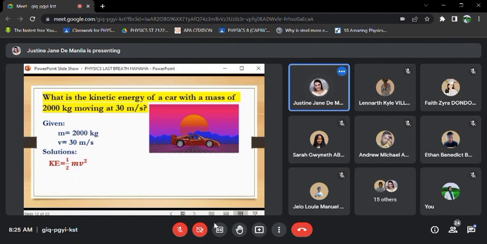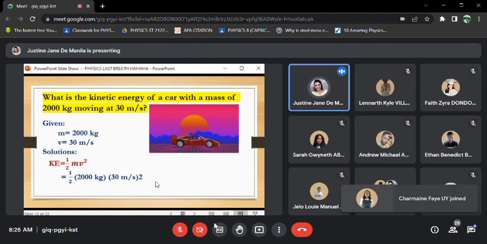So, we will substitute the given. So, we have 1/2 times 2,000 kilograms times 30 meters per second, and then square the product. So, what is the car's kinetic energy? Okay, try to solve this one, class. If you have a scientific calculator, you can also input it.